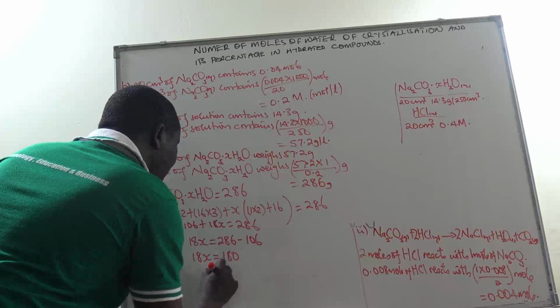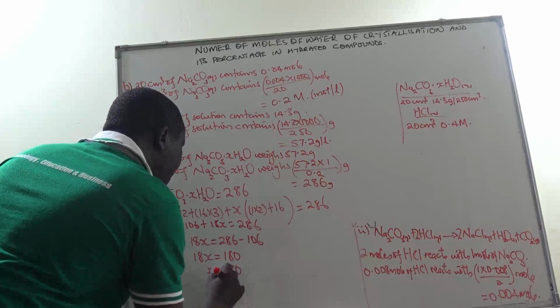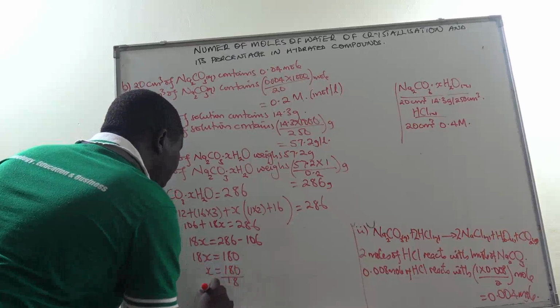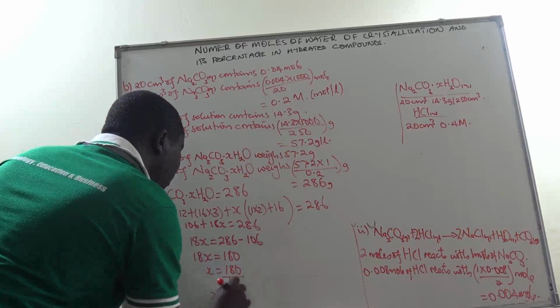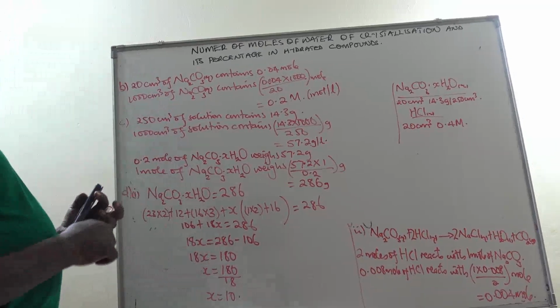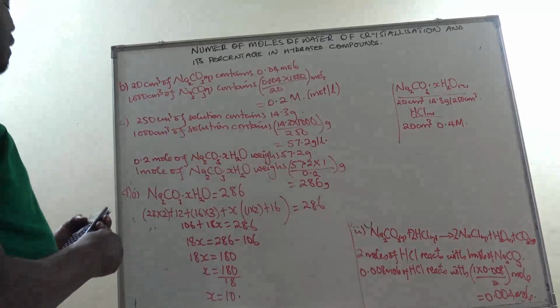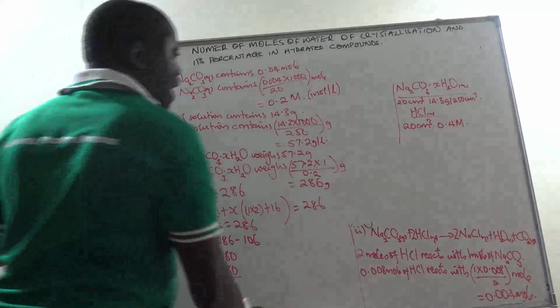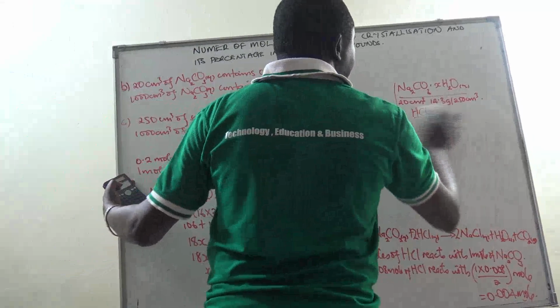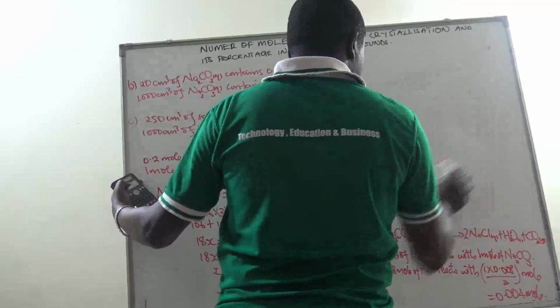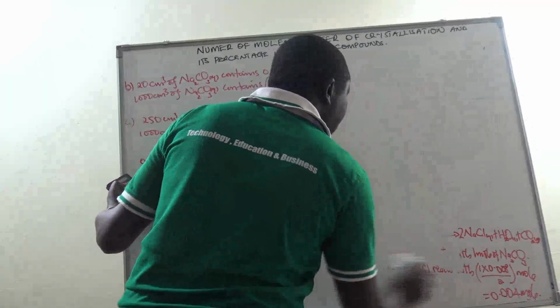So what is our x? X is equal to 180 over 18, and x therefore is equal to 10. So the number of moles of water of crystallization here is 10. That's the value of x. And then let us get the percentage. I can now do away with this part here. The percentage of water of crystallization.